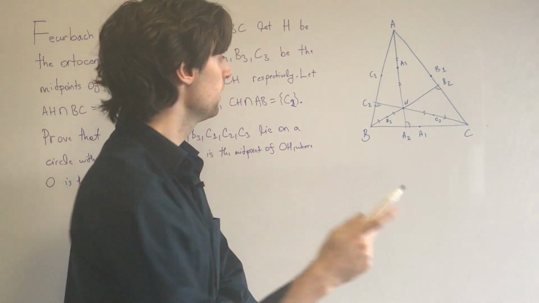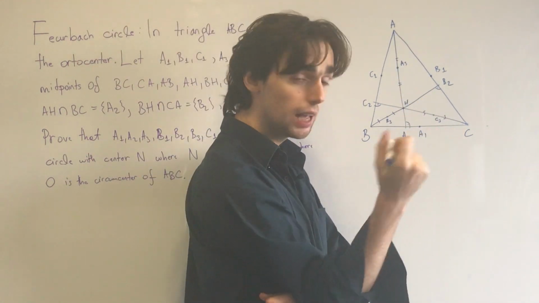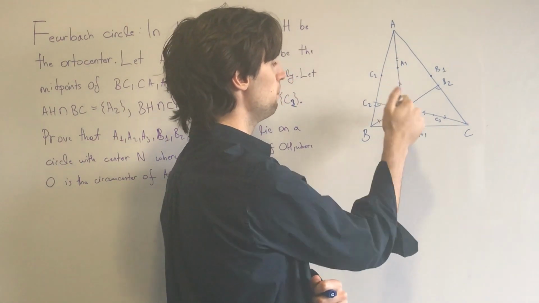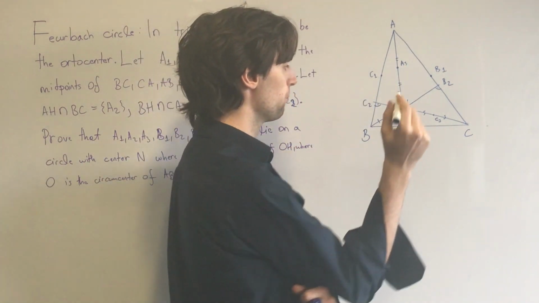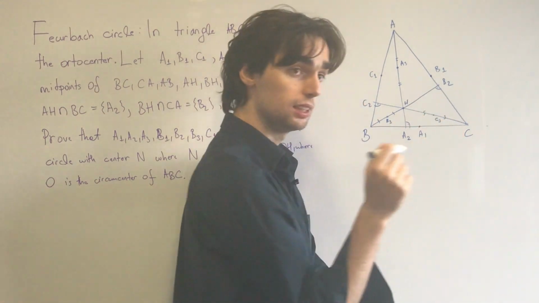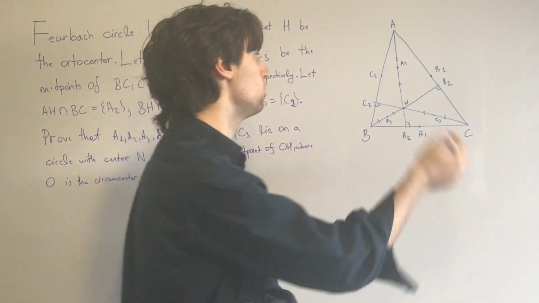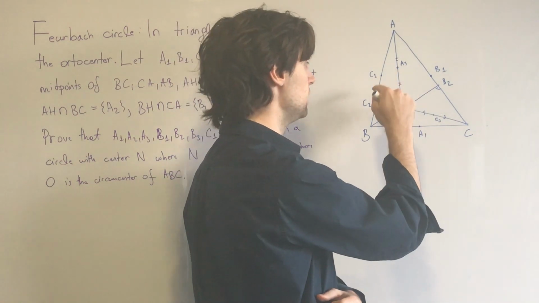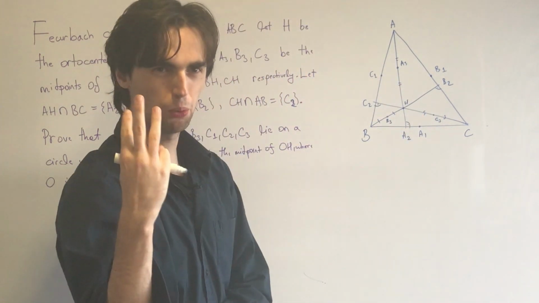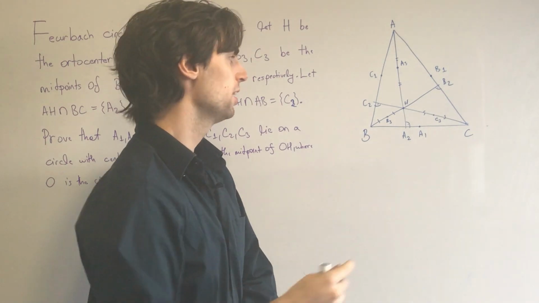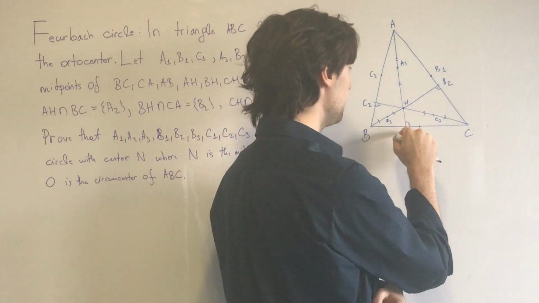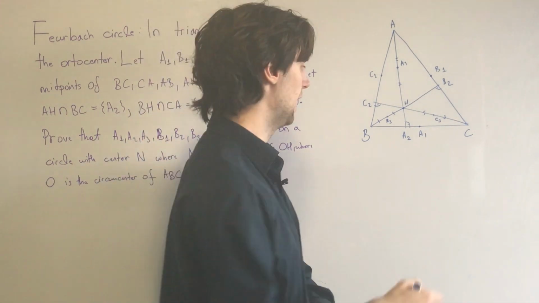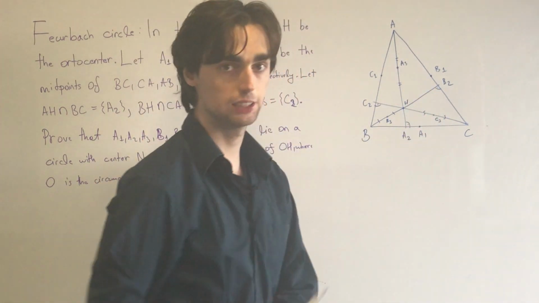Well, if I picked A1, A2, A3, I could do that. But if I pick those three points, then I need to prove that C3 lies on the circle, and by analogy B3, and I need to prove C2 and C1. I need to prove that three other points lie on that circle. Versus if I pick A2, B2, C2, I only need to prove that A1 and A3 lie on that circle.